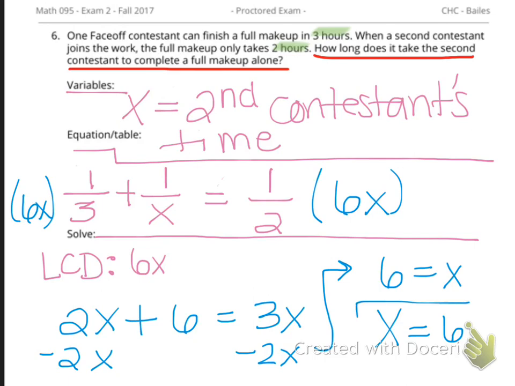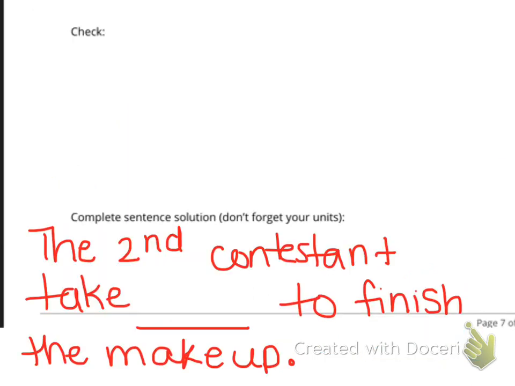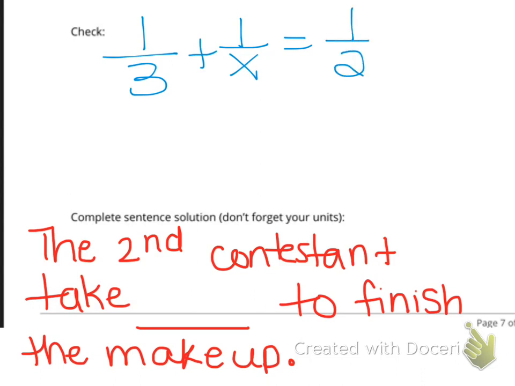We've solved our equation, so now we have 2 more steps left, and the first is to check our equation. The original equation was 1/3 plus 1 over x is equal to 1 over 2. And we want to check that 6 actually works in this equation.